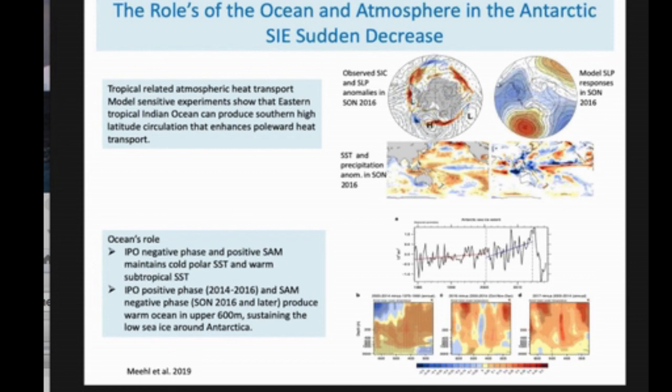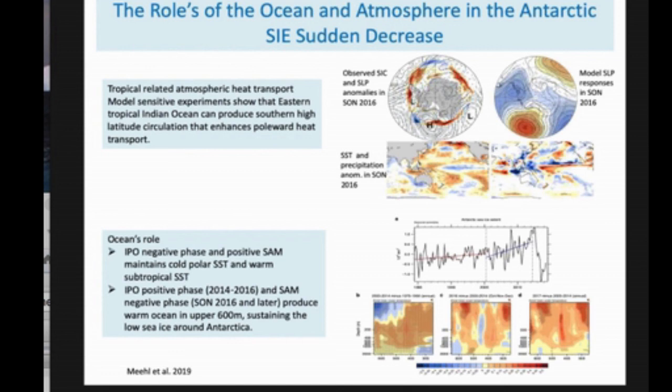But when they collapse, and suddenly they change, in 2016 SAM changed phase from positive to negative. The combination of these two, and the ocean's subsurface warm temperature present here, makes this period. So the polar region is very cold.